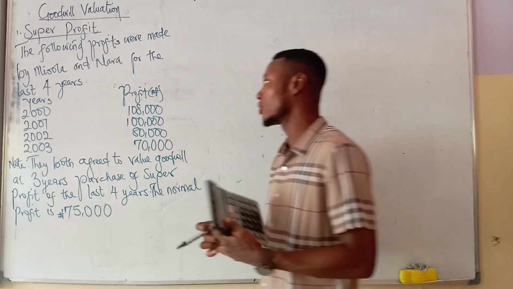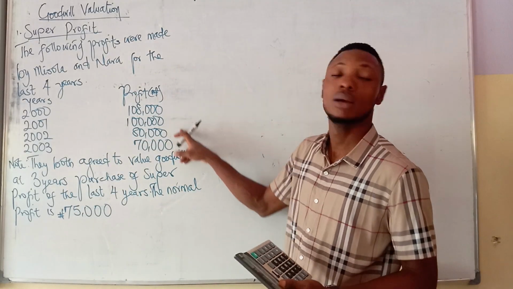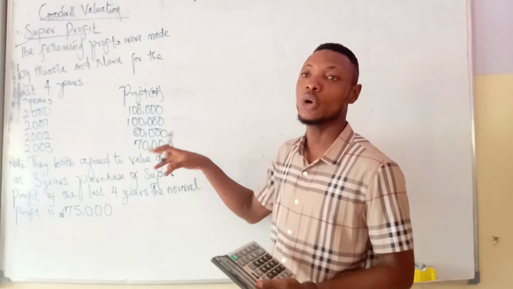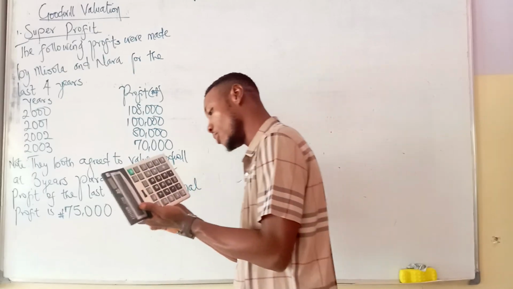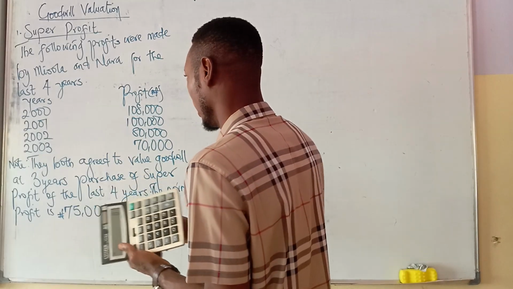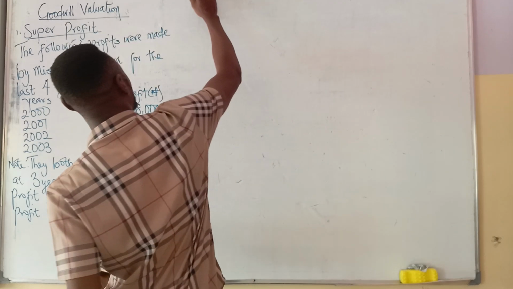How do you calculate average? The total amount divided by the number of occurrences or number of years.